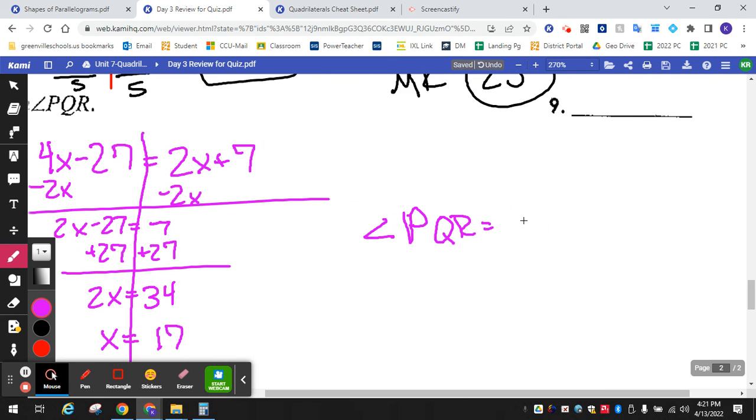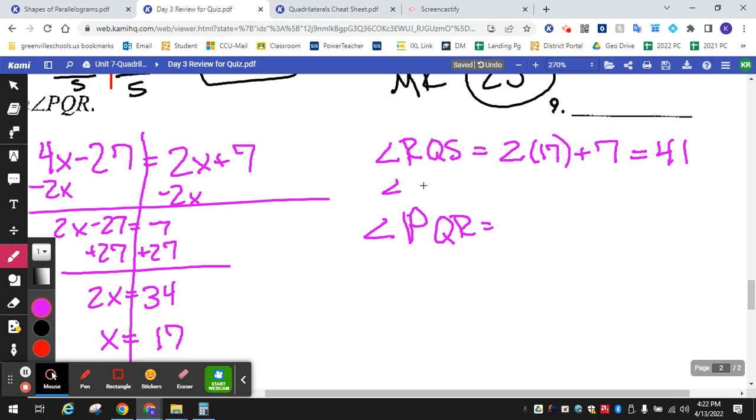So P to Q to R. So we're going to plug it into, well, we can plug into both because that's what most people understand for some reason. R Q S is 2 times our x that we found, 17, plus 7. 2 times 17 plus 7 is 41.